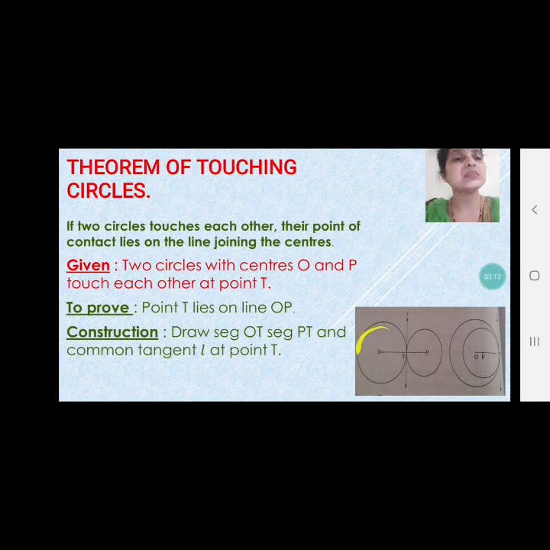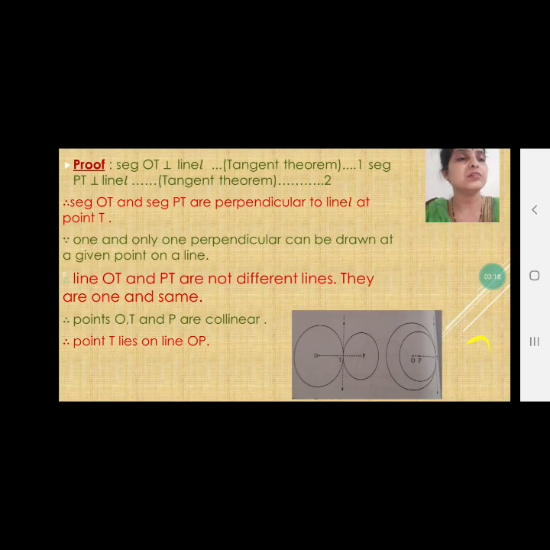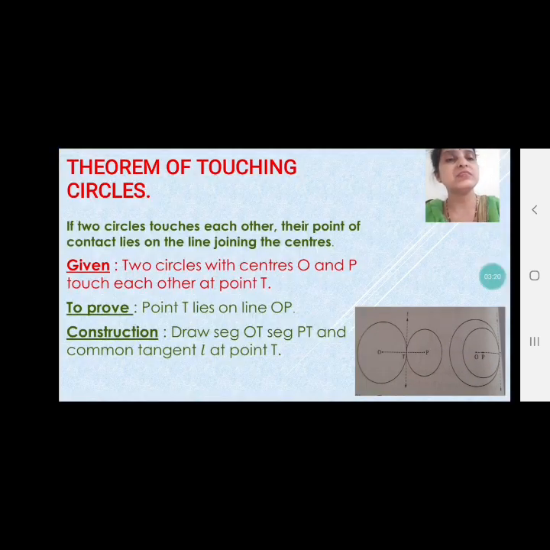A circle with center O and a circle with center P, touching each other at point T, in both the cases. What we have to prove is that this point T lies on line OP.